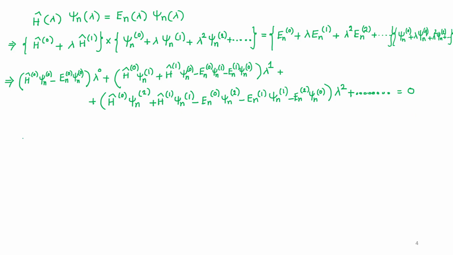So we can write 3 terms from here. I will write it in a different color. n should be 0, so that this can be equated to 0.